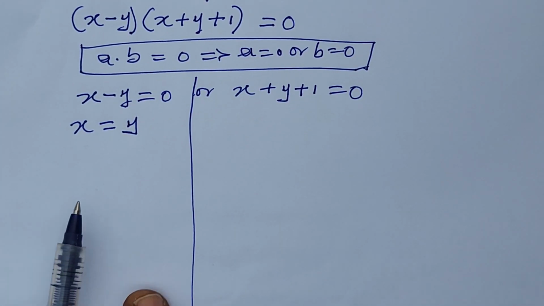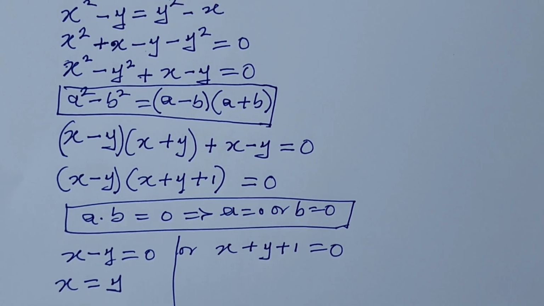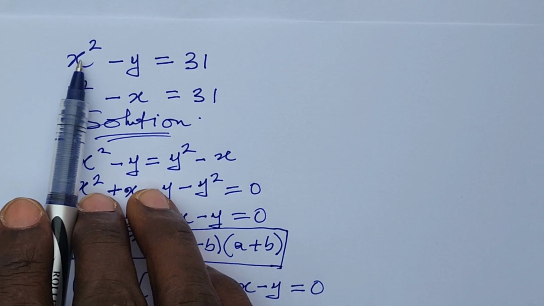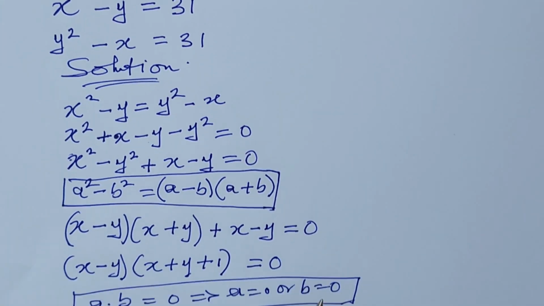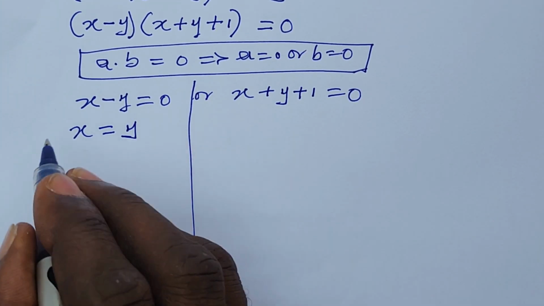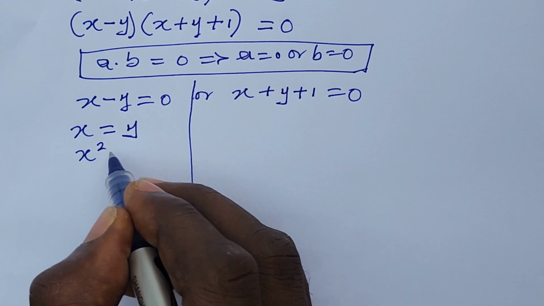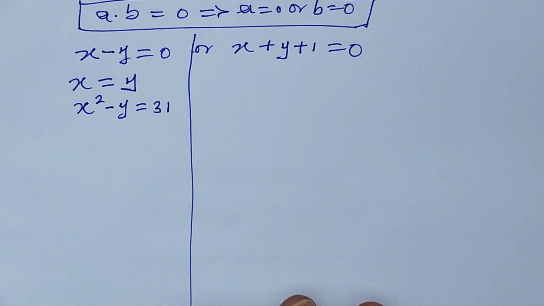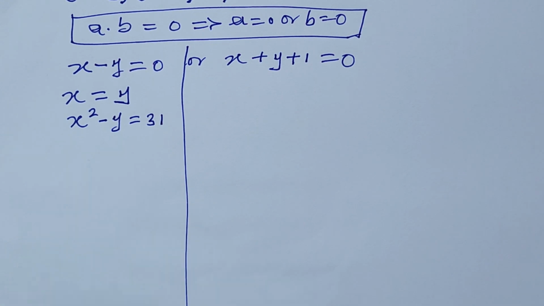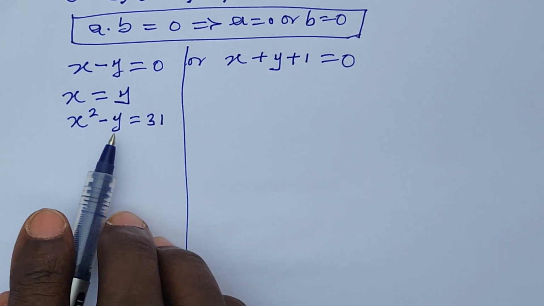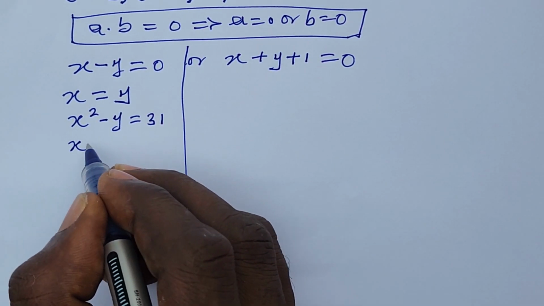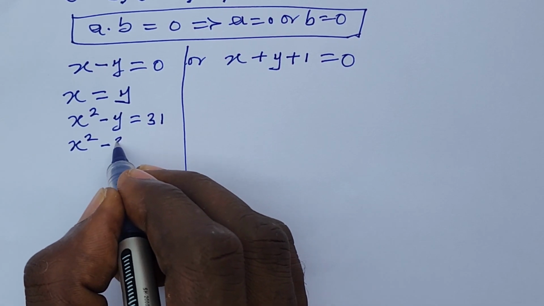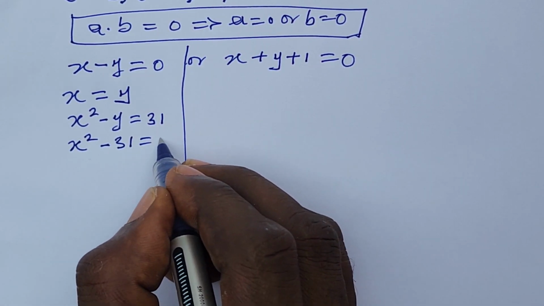So from here, we go to equation 1, which is x to the power of 2 minus y equals 31. We make y the subject of the formula. This will give us x to the power of 2 minus 31 is equal to y.